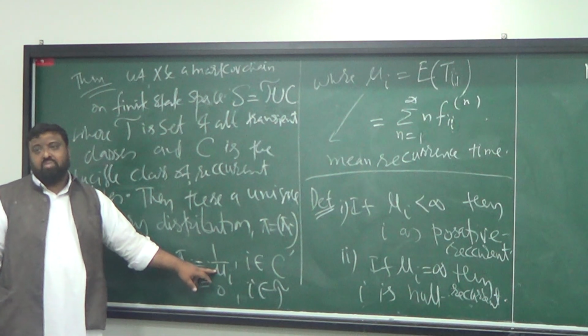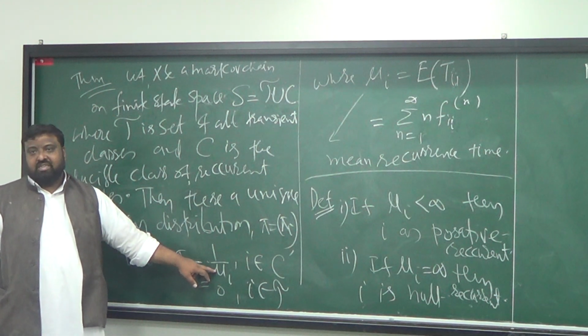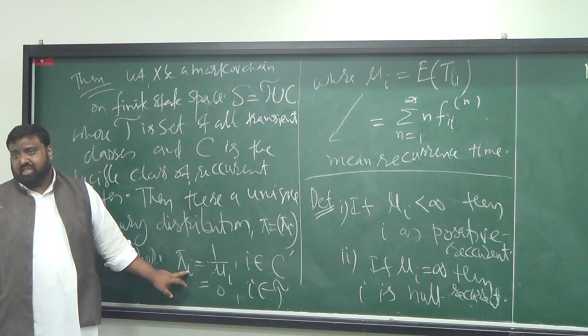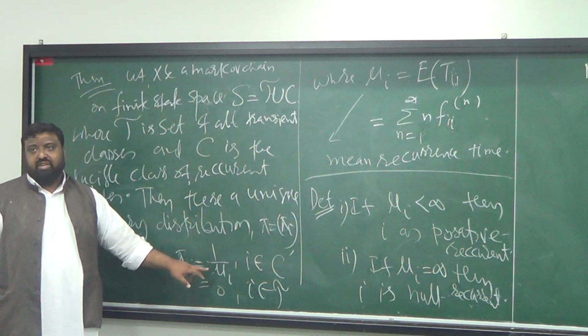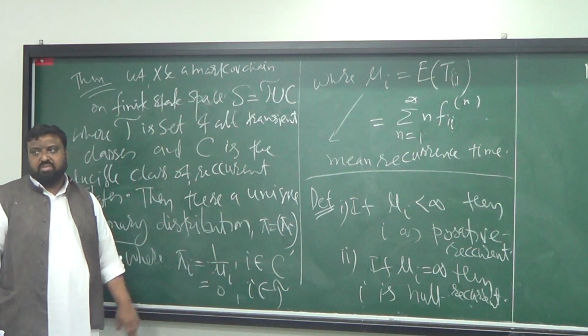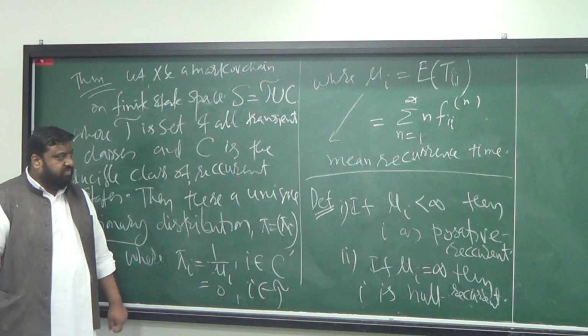If you have more and more expected return time, these probabilities are going to be lower. It makes sense. And if the expected return time is smaller, these probabilities are going to be higher, equal to 0 for transient states.